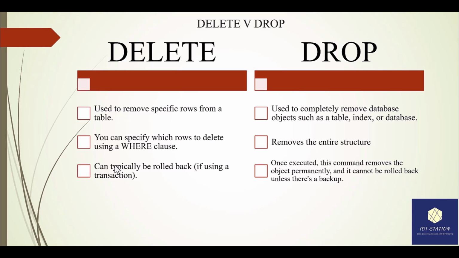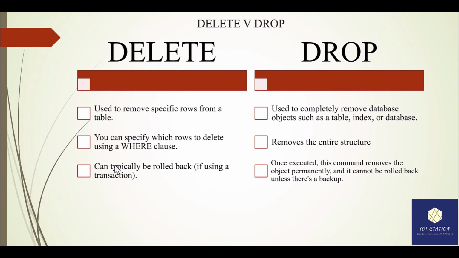So now we understood this. First, the delete is for a specific row from the table, and also you can define the condition, and there is also the capability to undo. The drop is used to completely remove database objects such as a table, index, or database, and remove the entire structure.